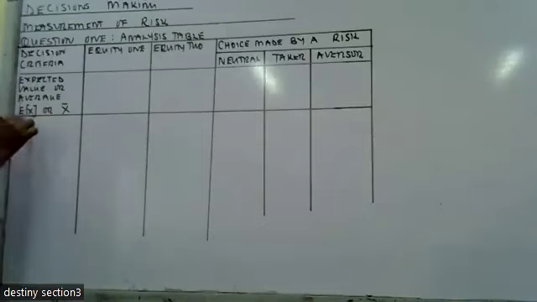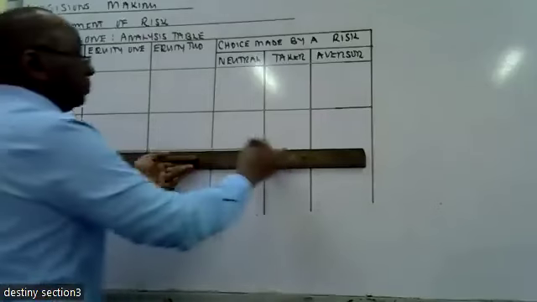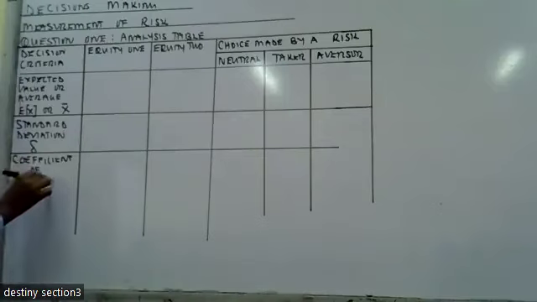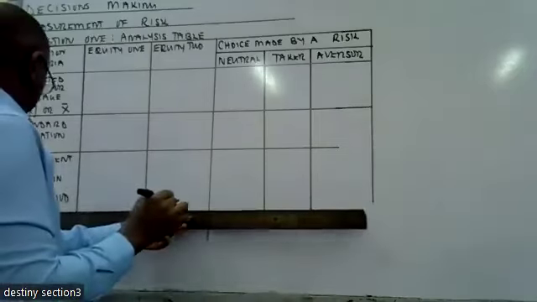We have another one called standard deviation, that is delta, after your computation. Then we have another one called coefficient of variation, CV, which is given as delta out of the mean times 100.